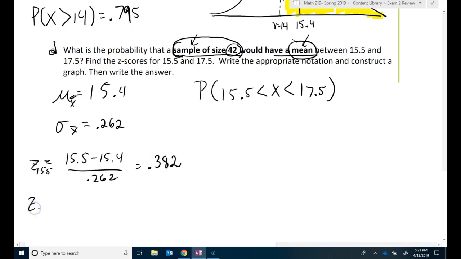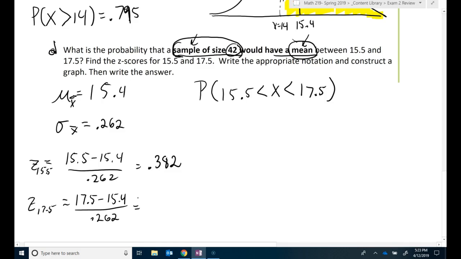Then we'll take the z-score for 17.5. Now, you're thinking to yourself, it's only like 2.1, so it shouldn't be that big. But we're going to go through it and divide it through by 0.262. Wow.